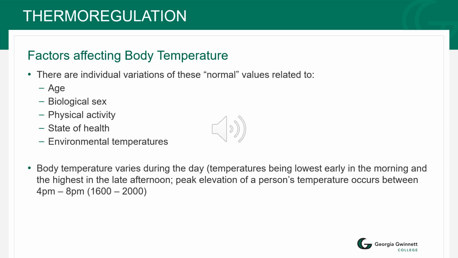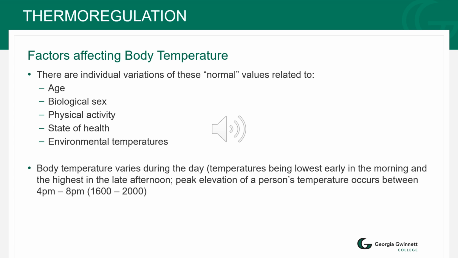So there are a variety of factors that affect body temperature. Some of the factors include age, biological sex, physical activity, state of health, and environmental temperatures, like we discussed in the last slide. Body temperatures also can vary based on your circadian rhythms or the time of day.